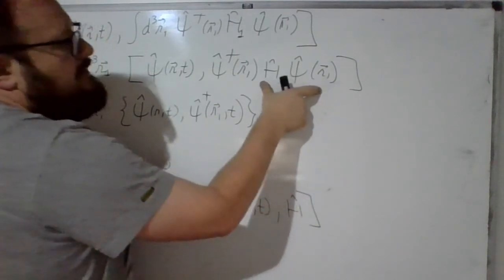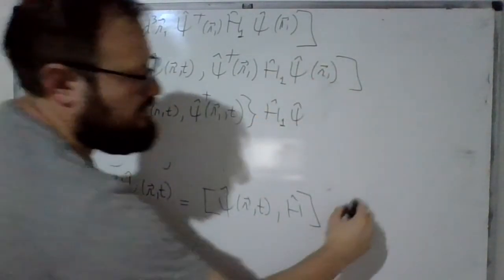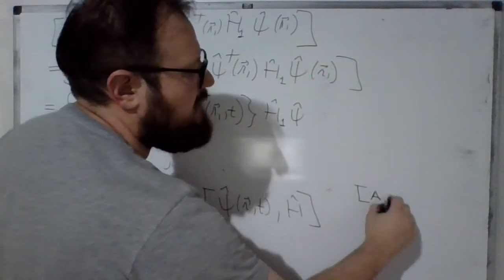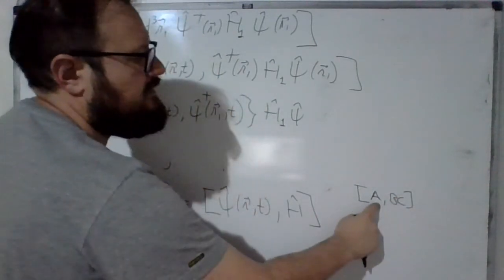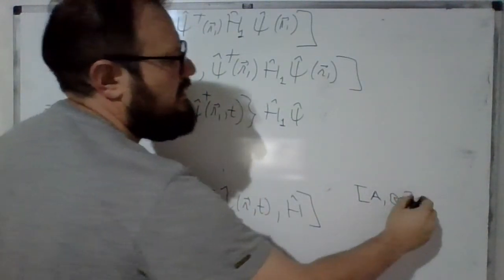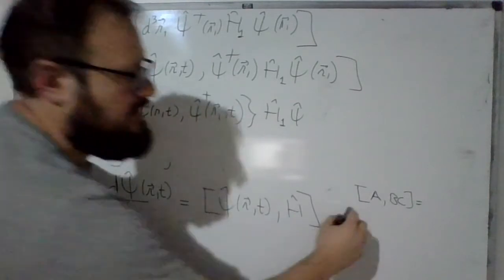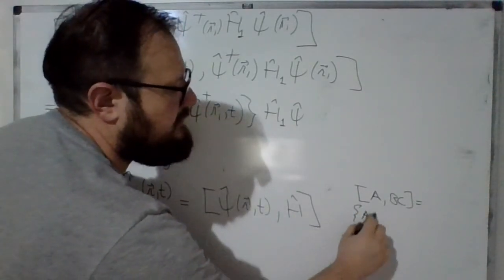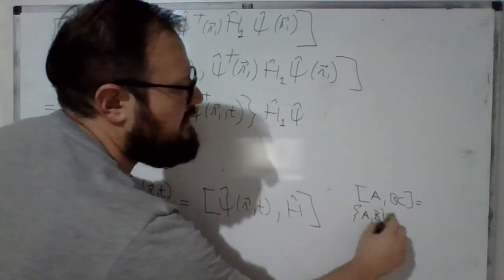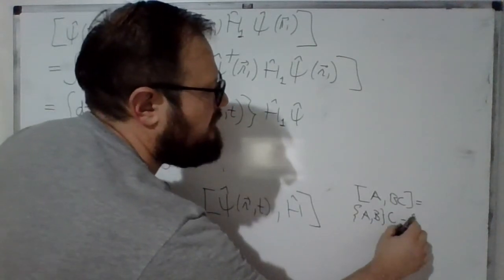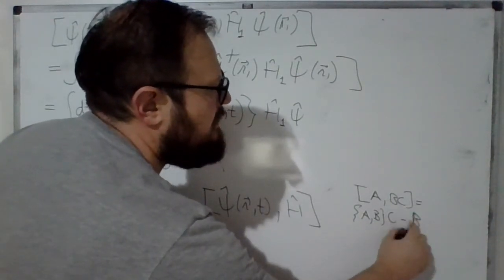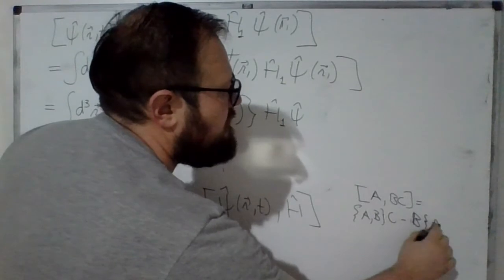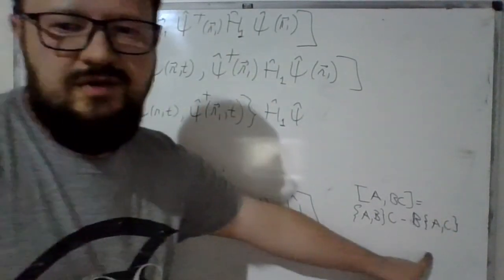which you need to use the rules for commutators of A with BC, and you need to expand this as the anti-commutator of A and B times C, minus B times the anti-commutator of A and C. This is the rule which you need to use.